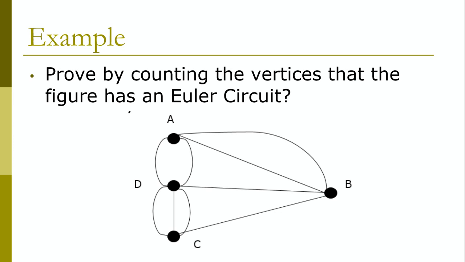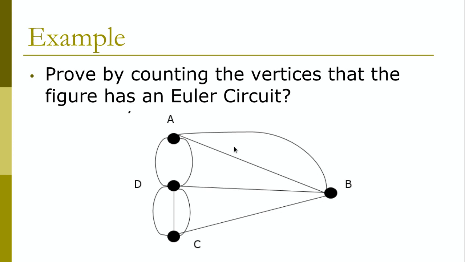If I wanted you to find the Euler circuit, then you would first identify your start and end point, and that can be any vertex as long as you label it. So you would label your start and end point, and then you would travel through each of the edges once and only once.